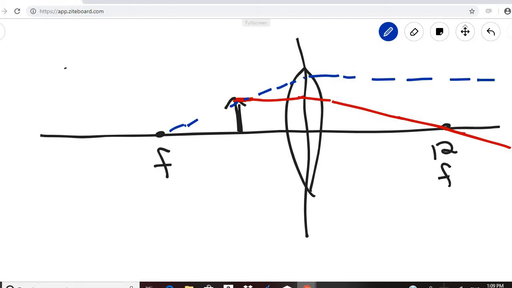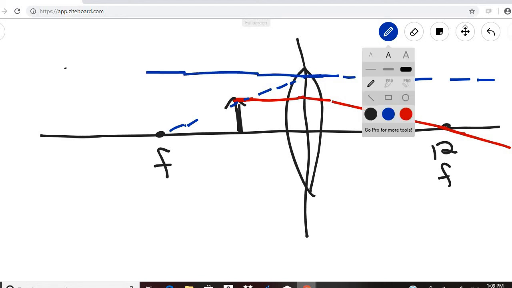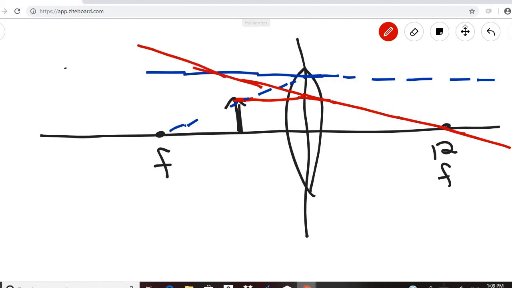We can see those two lines will not intersect, but if we extrapolate this line out and we extrapolate the red one that came through the focal point, those two will intersect right there. This is the bottom, so this is the top. So we would say it is upright.